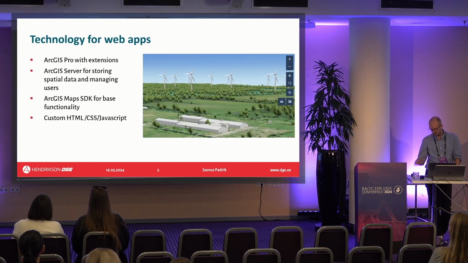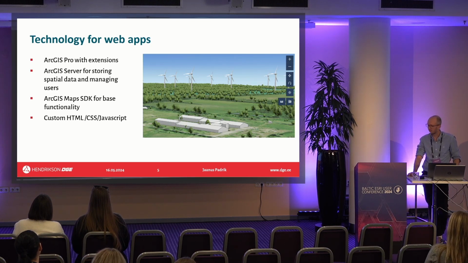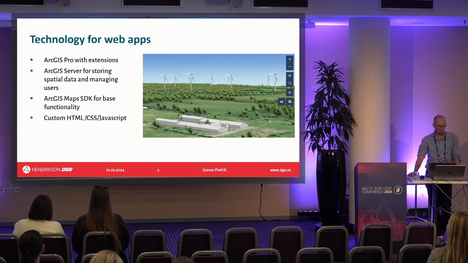To go on to the part of our web apps, so this is the technology that we have been using. First of all, ArcGIS Pro for all the data management, analysis, and also the different extensions the software offers. Then we're storing all our data in ArcGIS server.